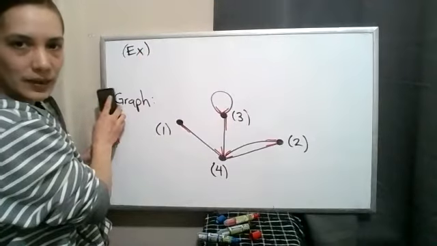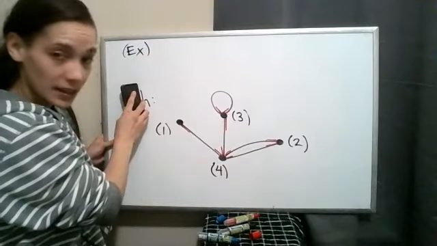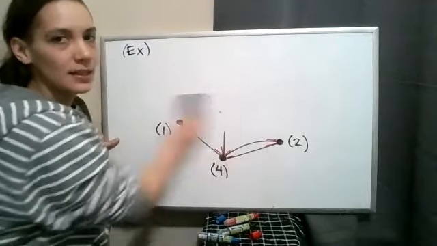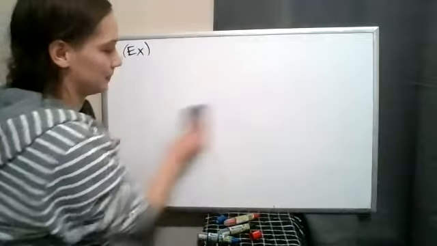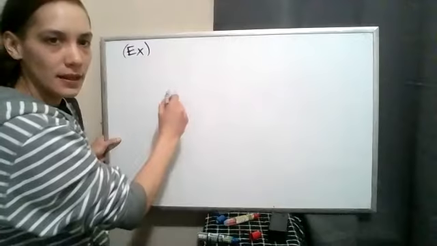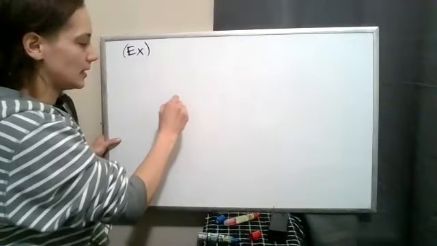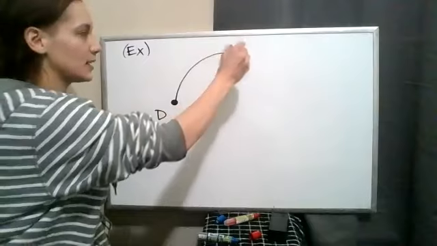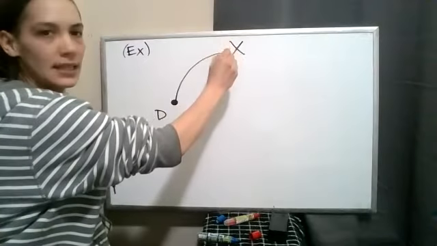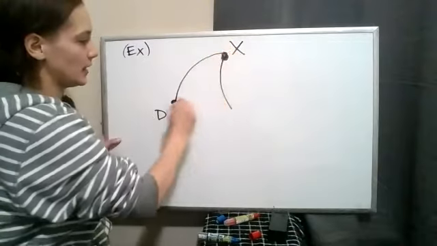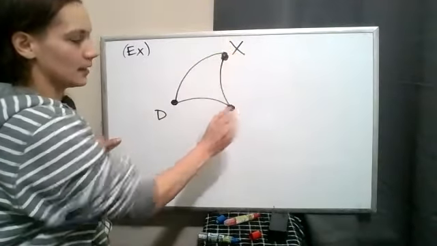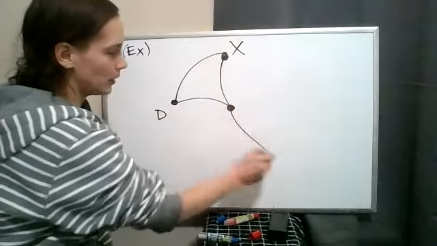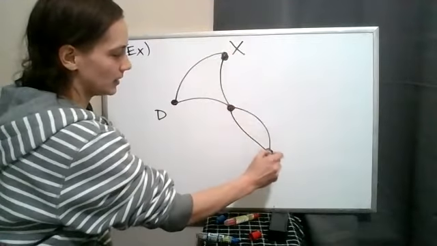All right, I think we're ready. So the next graph starts at D, swoops a bit over to something called X. And then we're going to arch like that. And loop, loop, dot.